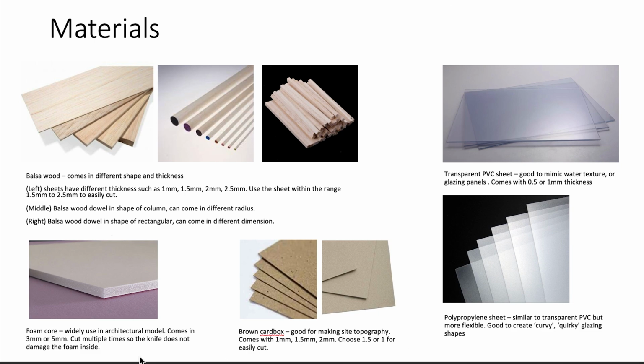My example here is more for the general audience and less your specific need. When you have a specific need, talk to me during the online consultation, and I'll show you how to curve balsa wood, how to curve foam core, things like that. So don't be afraid, just feel free to explore. You can Google how to make a curvy wall in an architectural model.